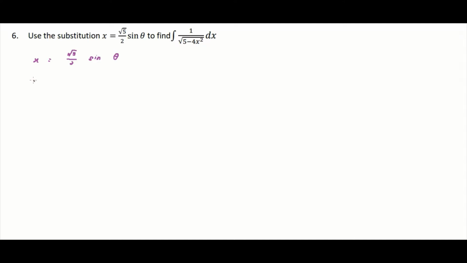So we need to differentiate here. So dx d theta will be equal to square root 5 over 2, so sine theta will become cos theta. Okay, so since you want dx, dx will be equal to square root 5 over 2 cos theta d theta. Okay, so later we might need to change back the theta to x, so you can write it here as well.